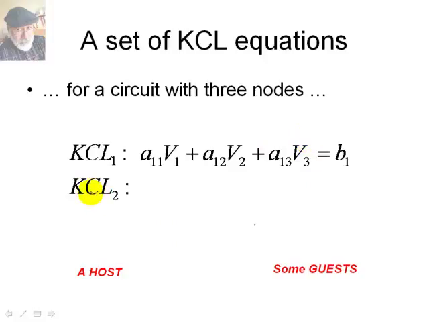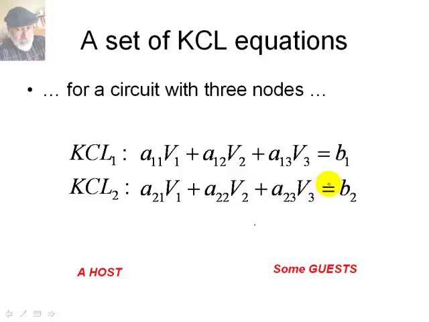For the second node, we write KCL2. Again, we have an equation very similar to that one. It will be A21, a number, times V1, plus A22 V2, plus A23 V3 equals a number. In this case, because the equation is of node 2, the host would be V2 and the guests would be the other nodes, of voltages V1 and V3.